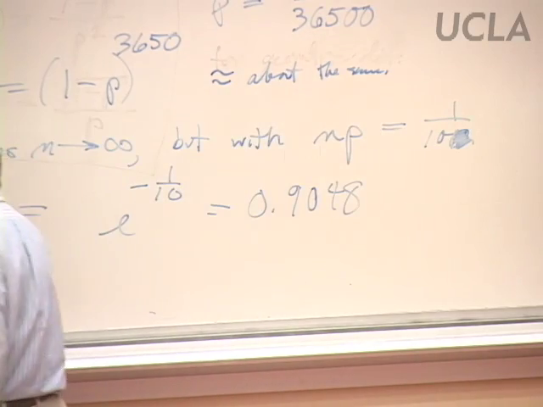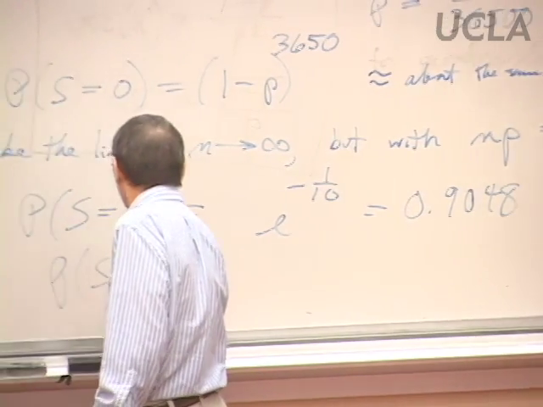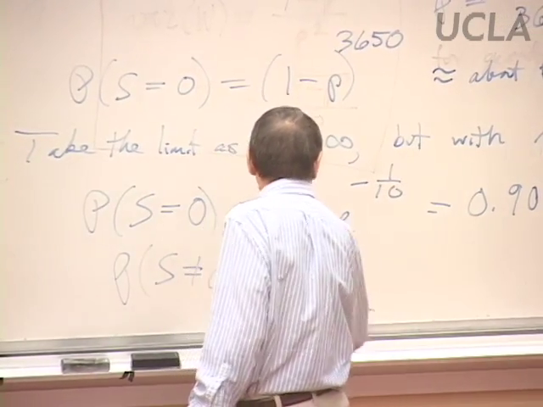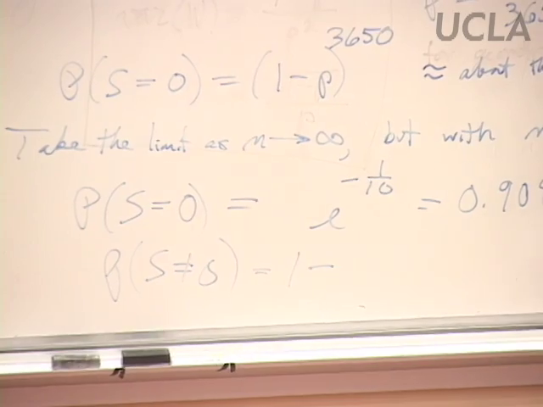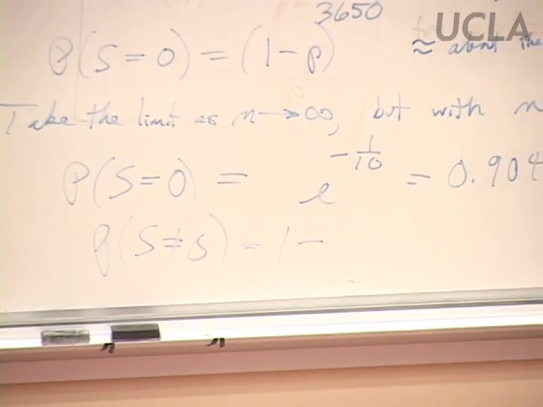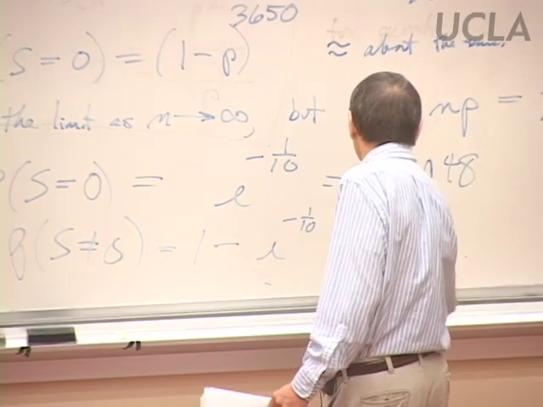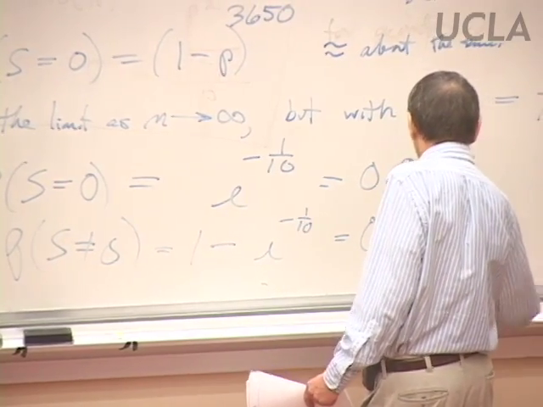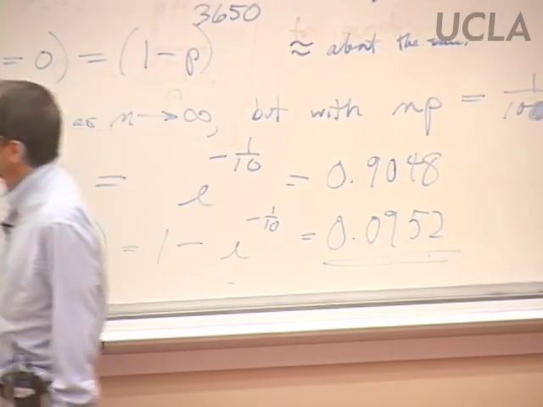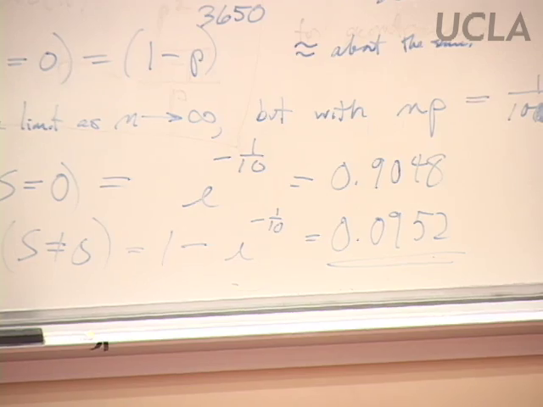So the probability that S is different from 0, that there is some earthquake, would be 1 minus this. Not very different from what we got from years.